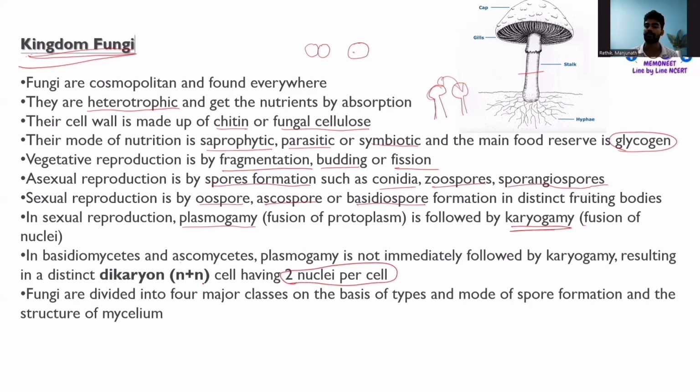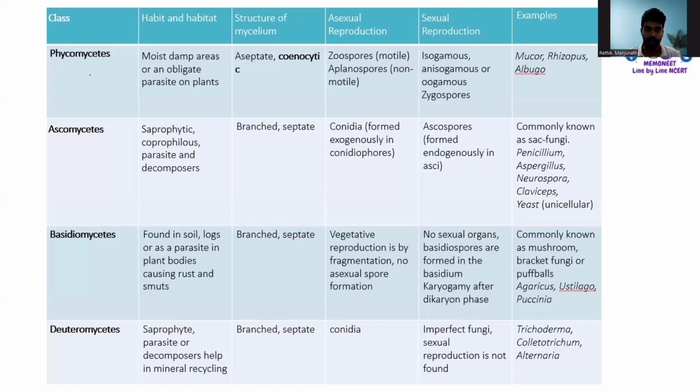So fungi are divided into four major classes based on their type as well as mode of spore formation and the structure of the mycelium. What are the four classes? The very first class is phycomycetes, then ascomycetes, basidiomycetes, then deuteromycetes.